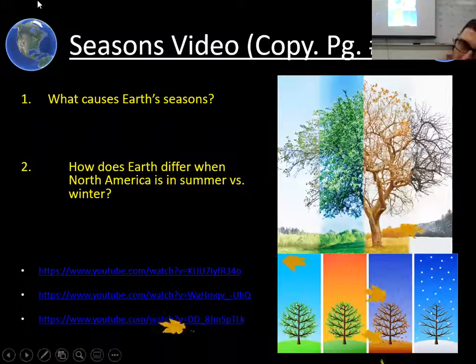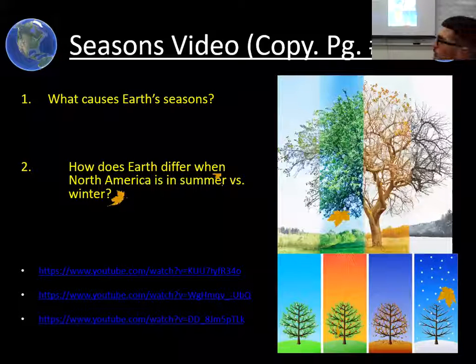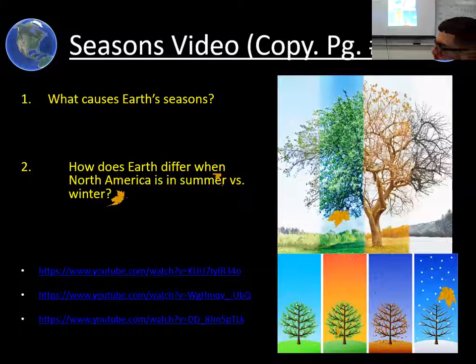If you want to answer in the chat, you can, just as an early answer. But I'm going to give you guys a moment to write those down on page 2. Take another little quick break for a moment, and then we'll begin our last video of the day. What causes Earth's seasons, and how does Earth differ when North America is in summer versus winter? See what you guys got here in a moment.